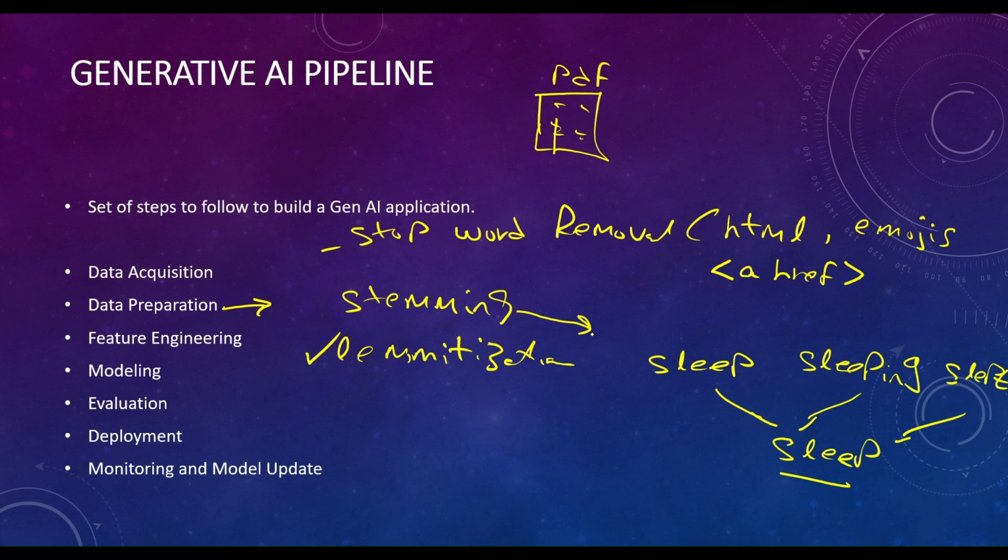So stemming is not very common, whereas lemmatization is very common. We will see the actual implementation of lemmatization when we work on the Python code. So these are the two options we have, stemming and lemmatization, and previously we looked into stop word removal as part of the data preparation.